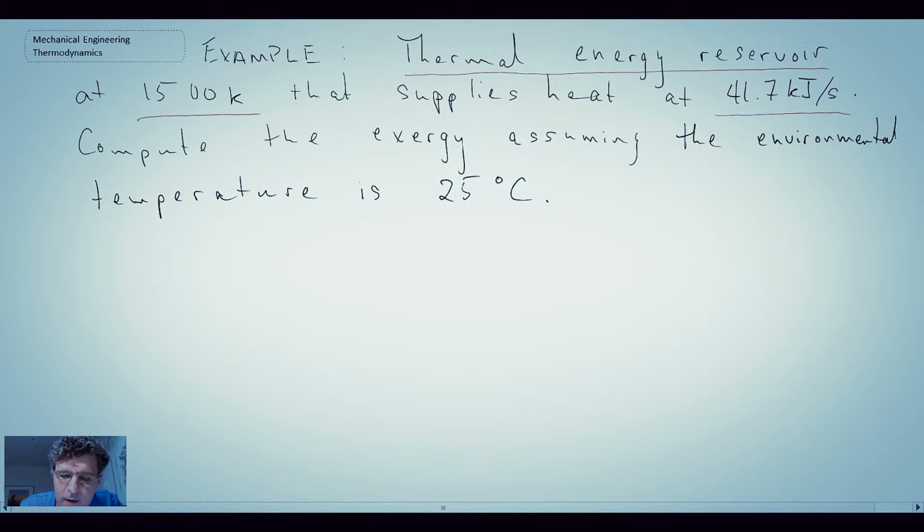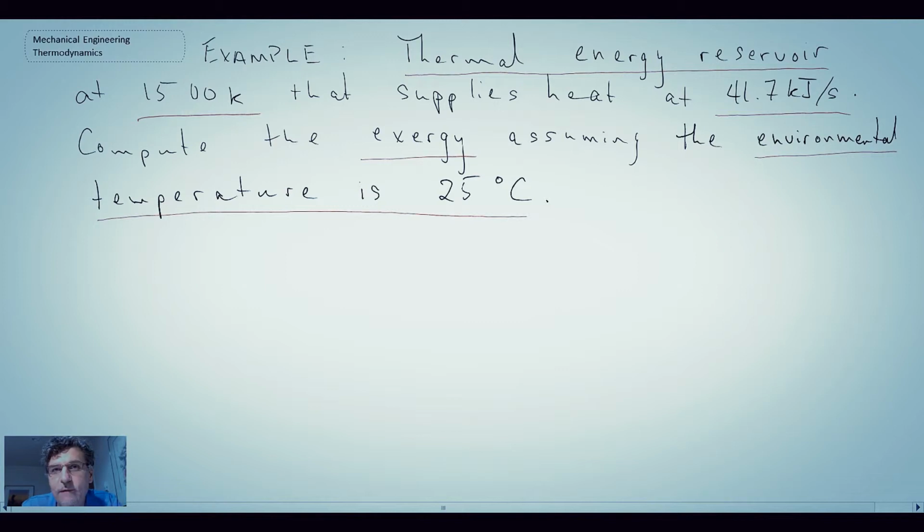What they want us to do is to calculate the exergy, or the reversible work potential, assuming the environmental temperature is 25 degrees Celsius, which we had mentioned earlier was the dead state, but we'll just take it as 25 degrees C for now.